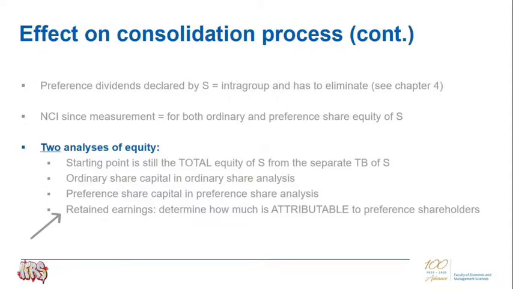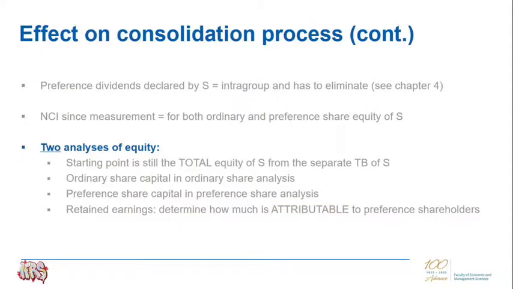And how we will do that in the analysis is to ask how much of that retained earnings that's allowed to be in the group, the since acquisition date movement, how much is attributable to the preference shareholders? How much are the preference shareholders entitled to?